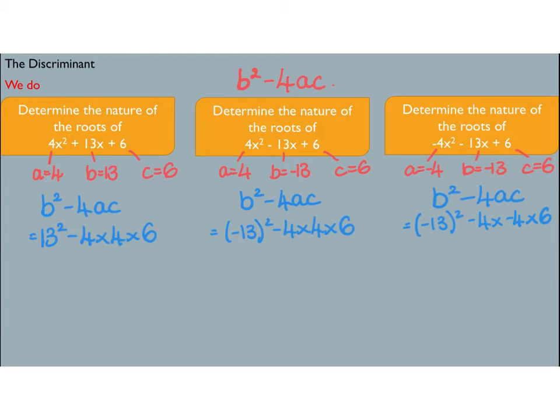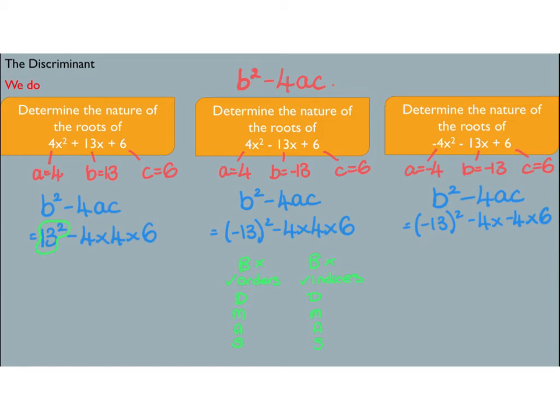For each question, I have substituted in my numbers. At the next stage, I need to think about BODMAS or BIDMAS. In the first question, we don't have brackets, but we do have orders or indices, depending on what your teacher calls them.